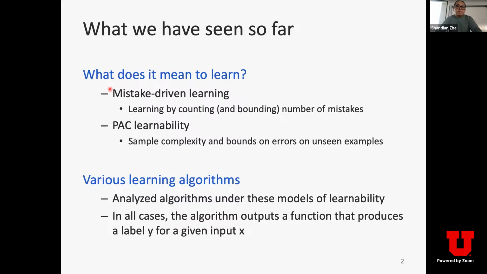So it's mistake-driven. And then we discussed, in theory, how we associate the training error with the generalization error. Our previous intuition is that, okay, if I can do well in fitting the training data, that means I can make my model predict training data very well, then I'm very likely to predict the future, unseen examples, right?